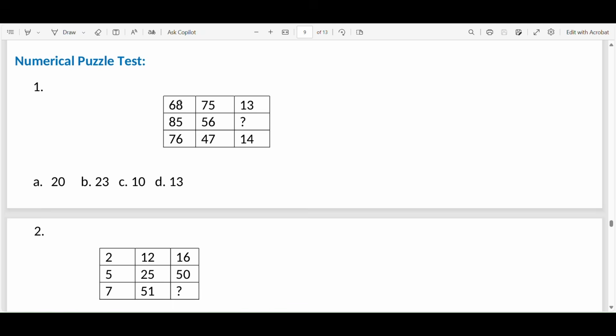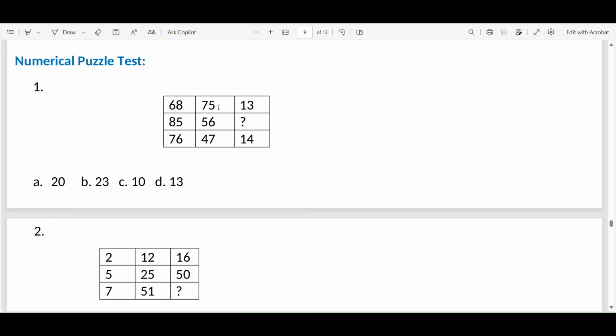So let me try the subtraction. 68 minus 75, what will it give you? Because this is higher and this is lower, you will be getting minus 7.